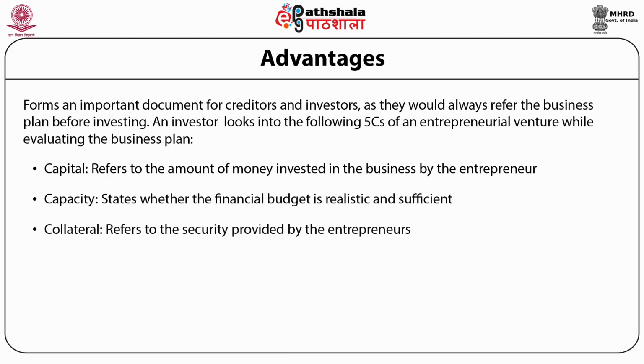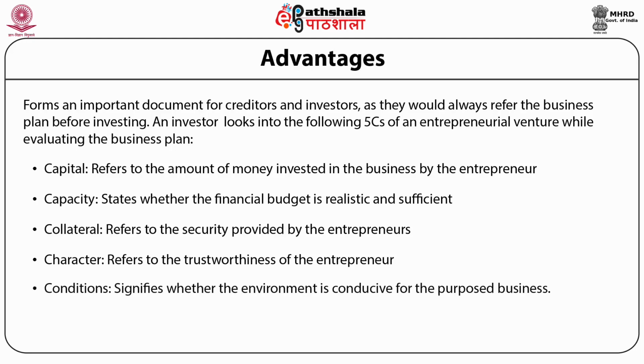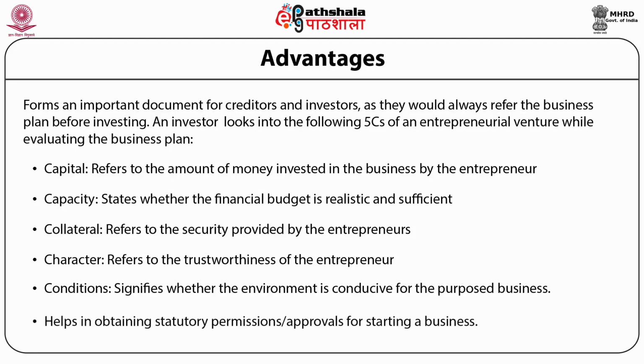It refers to the security provided by the entrepreneurs. Fourth C is meant for character, which refers to the trustworthiness of the entrepreneur. And the fifth C means conditions. It signifies whether the environment is conducive for the proposed business. Thus, it helps in obtaining statutory permissions or approvals for starting a business.